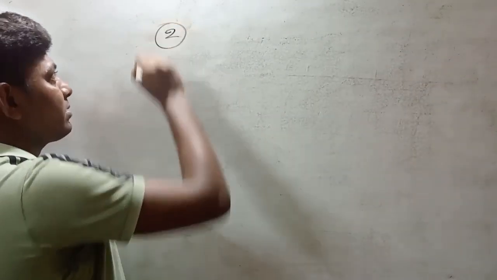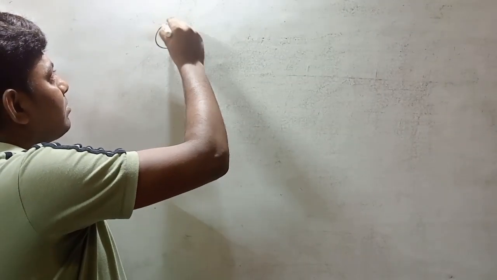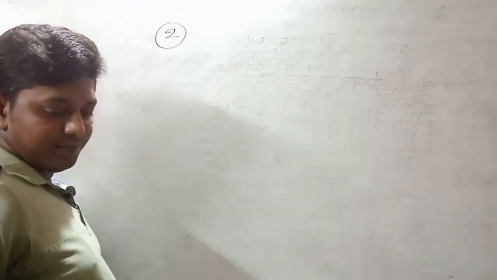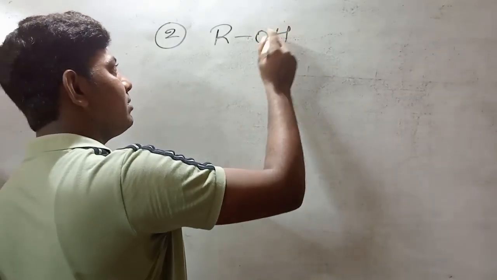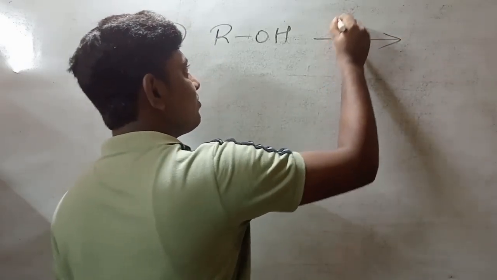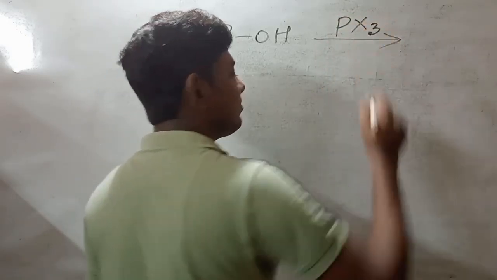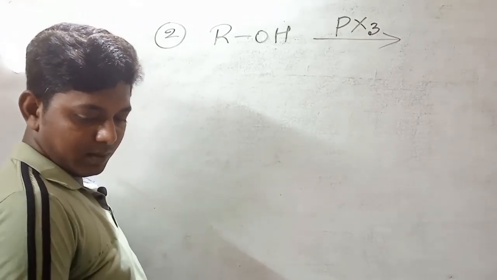The second method of preparation of haloalkanes is the reaction of alcohol in the presence of PX3.